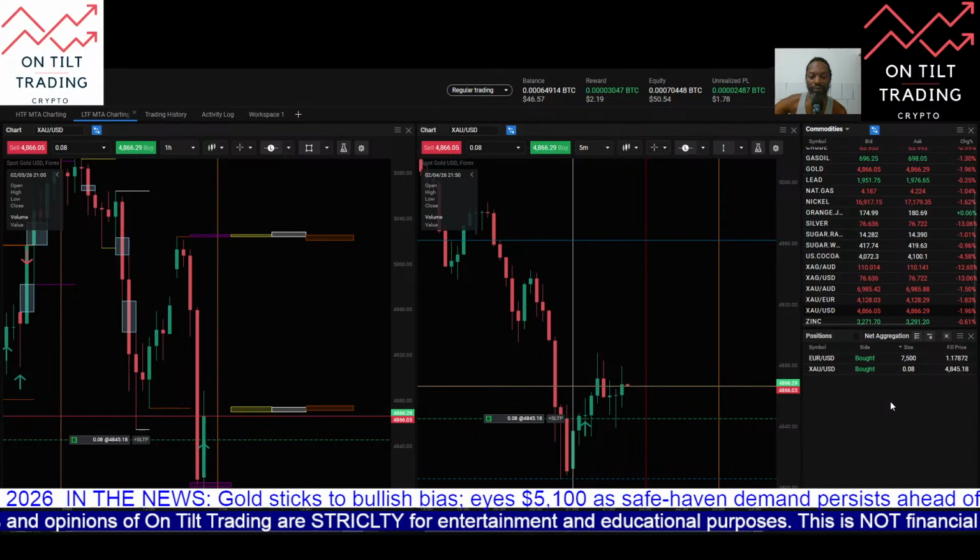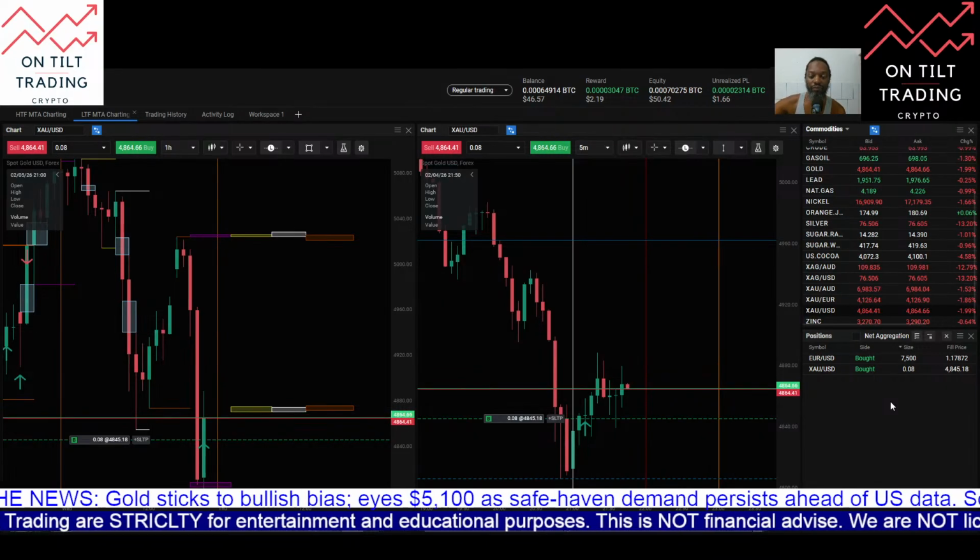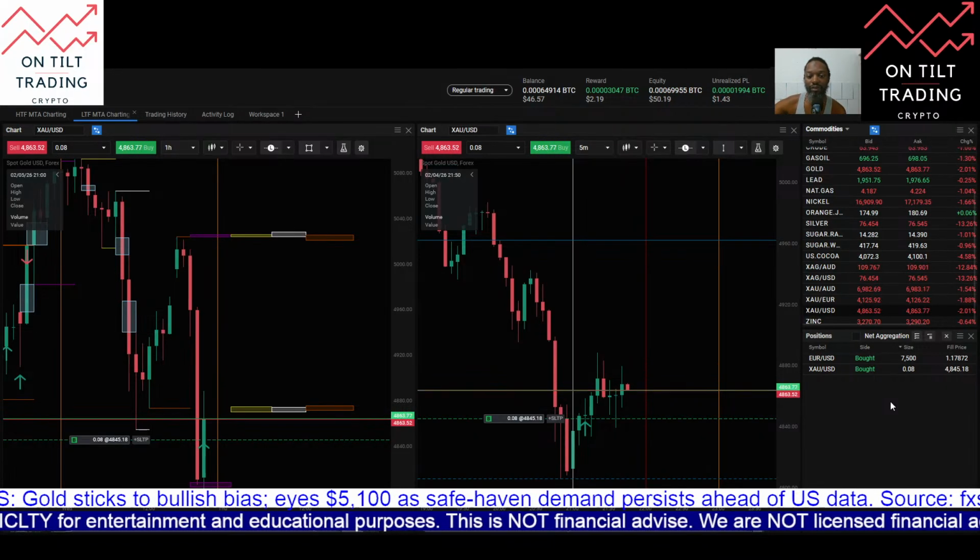Seeing some pullback here, new 5-minute candle. We'll see if we can get any continuation here to the buy side.